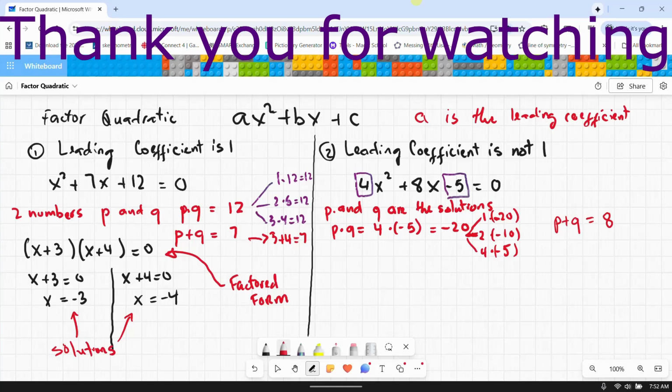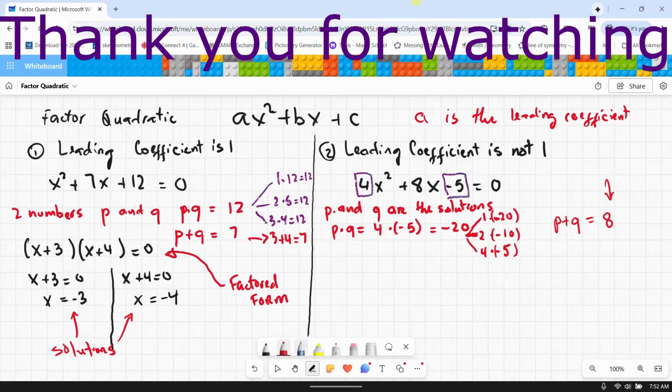But we want those two, P and Q, to add up to 8. What are the choices here? 1 plus negative 20, that's not 8.